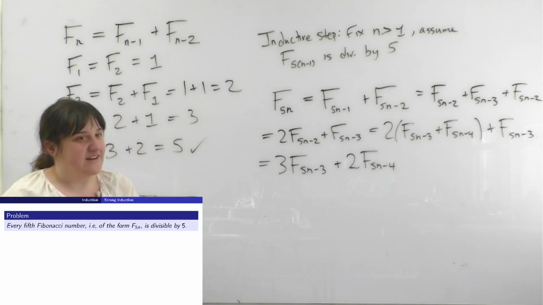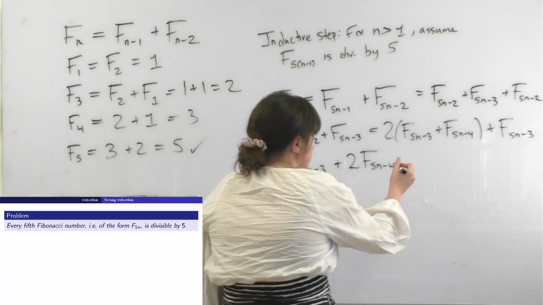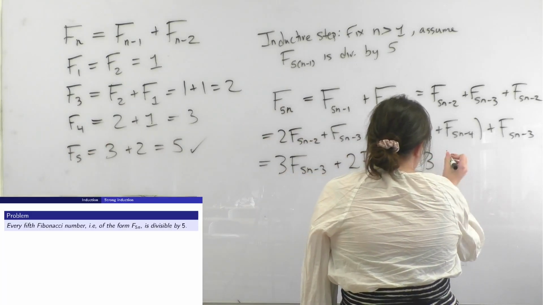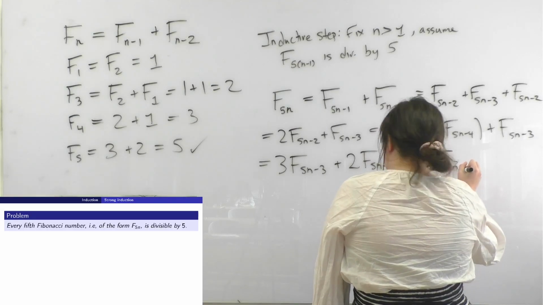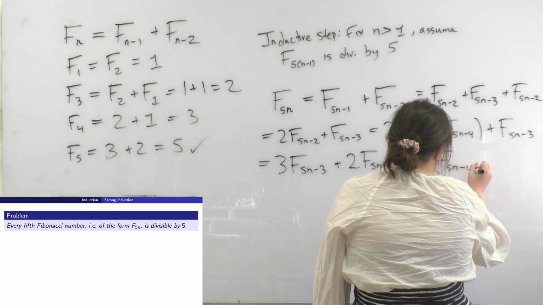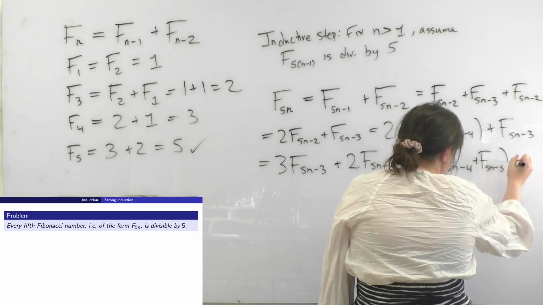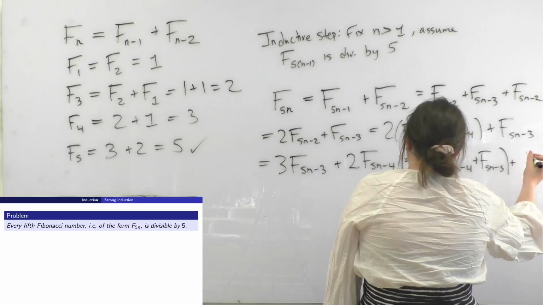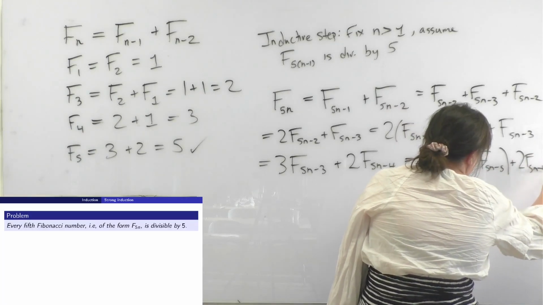Next, I feel like continuing to just drop the bigger index seems like the right thing to do. So here I have 3 times F5n minus 4 plus F5n minus 5. And then I have 2 F5n minus 4 left over.